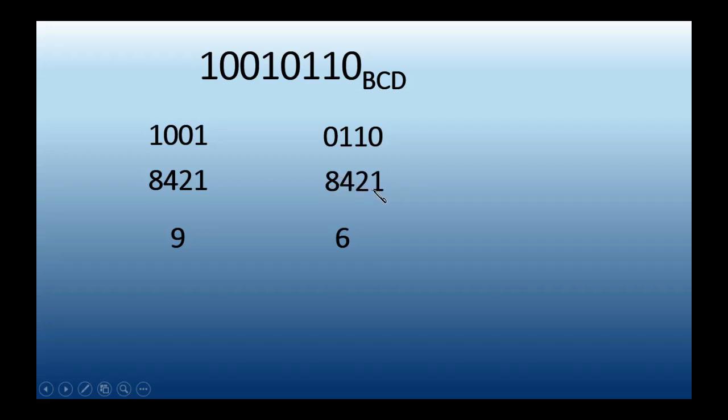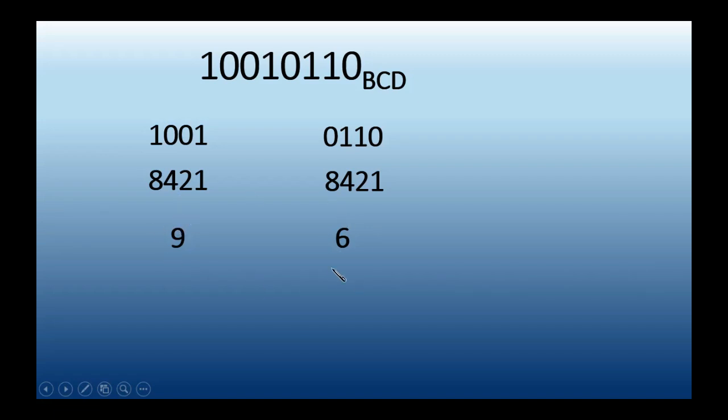You know that these are the place values. So to form this 6 we need this 4 and 2, that is 6, and to form this 9, 8 and 1, so 96. This is the decimal value, and this is the BCD value of this decimal value.